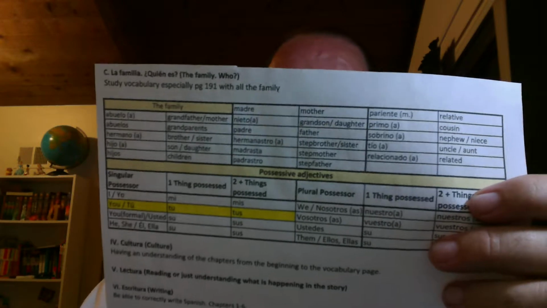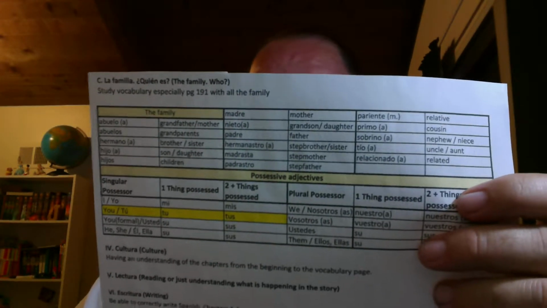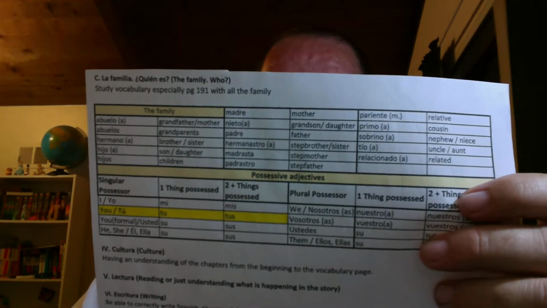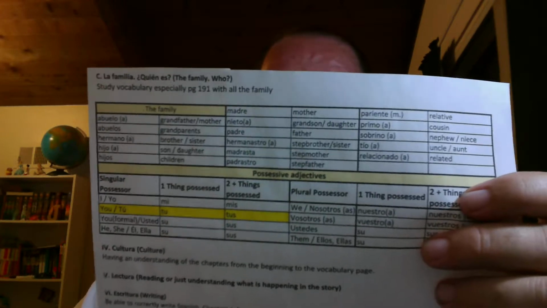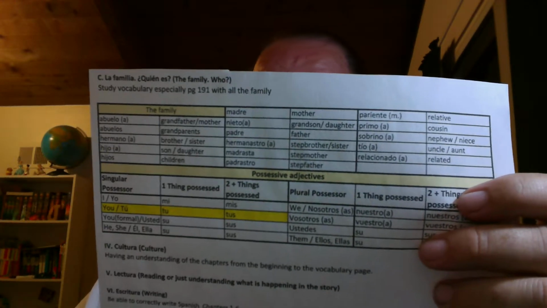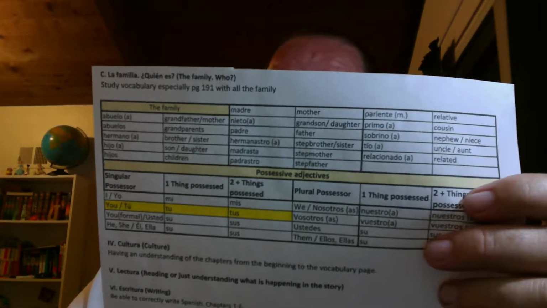But make sure you're aware of those. What they used in that section was, who is your uncle's daughter, and that would be, of course, your cousin, which is prima. So anyway, there's that.